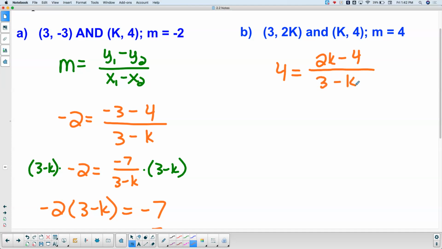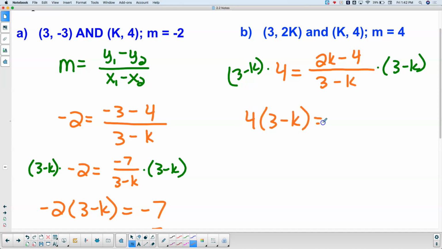So that would be what our setup is. Multiply both sides by 3 minus k again. So that's going to give me 4 times the quantity 3 minus k equals 2k minus 4. Distribute.